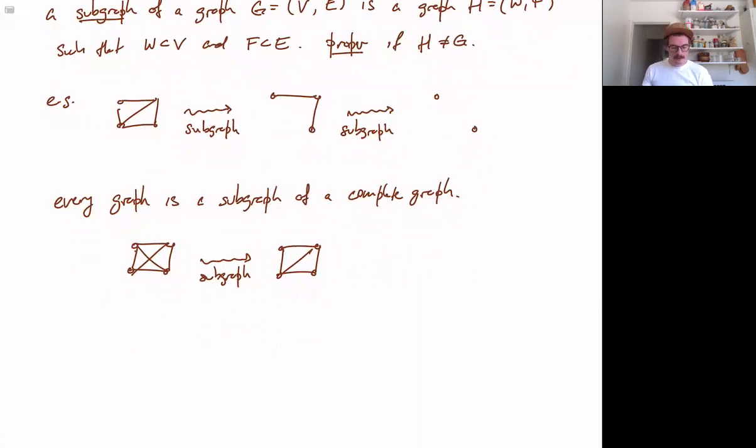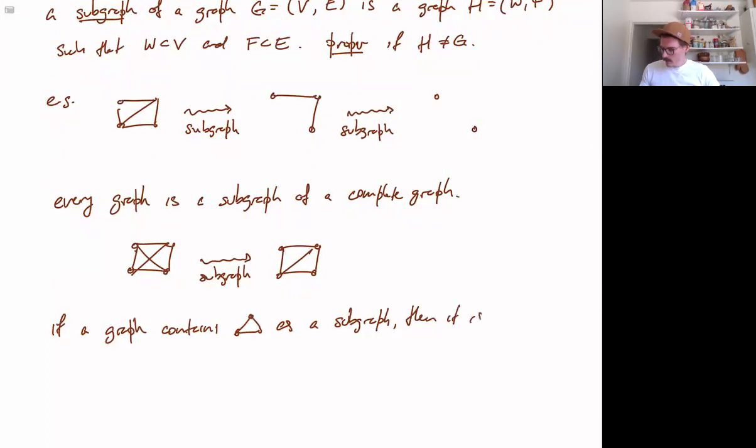Another thing we can say, a nice little fact about bipartite graphs, or a nice little criterion for checking that a graph is or is not bipartite. If the graph contains a triangle as a subgraph, then it is not bipartite.